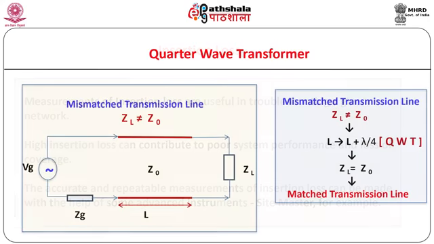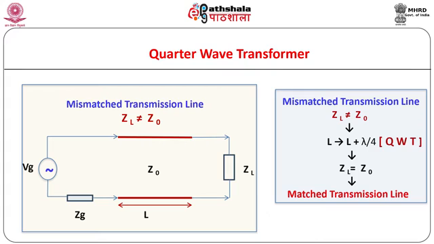example. Instead of using a matching filter network, can we not have some other simple electrical system? The answer is yes, we do have. Let us discuss one such system. Consider the following system. Let lambda be the wavelength of the signal transmitted along the transmission line.